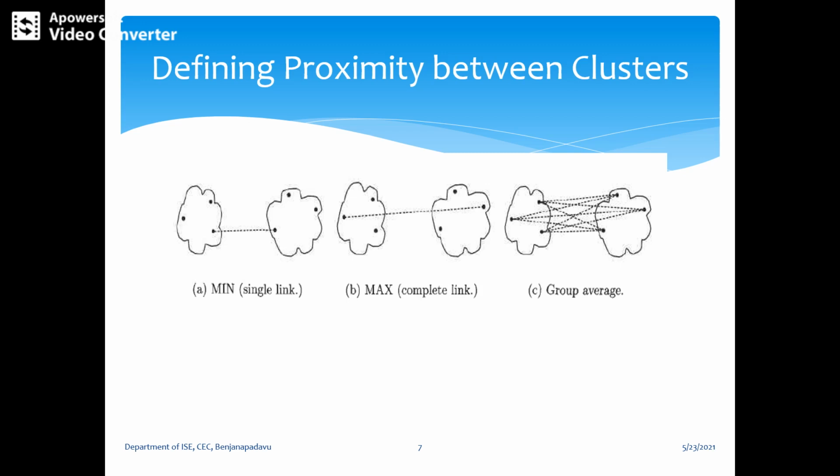that is Ward's method, which also assumes that a cluster is represented by a centroid, but it measures the proximity between two clusters in terms of the increase in the sum of squared error that results from the merging of the two clusters.